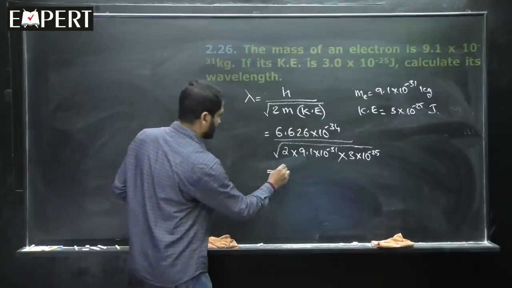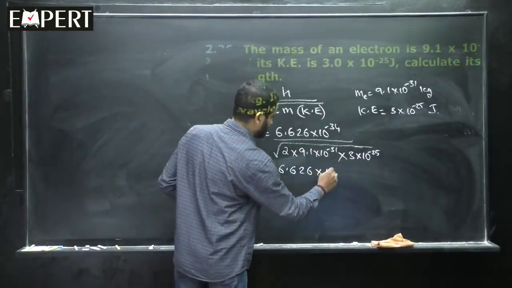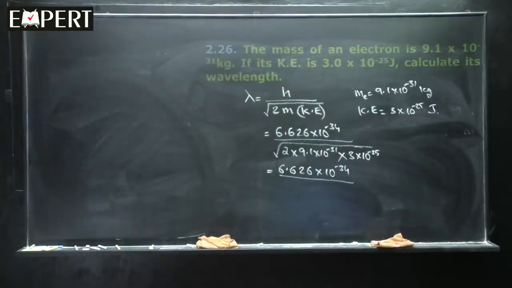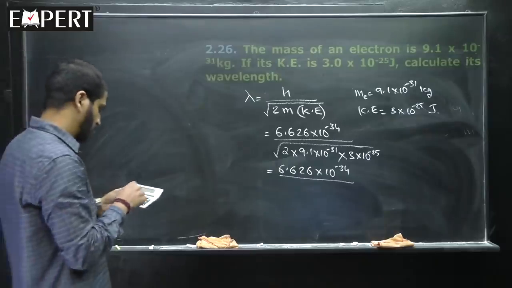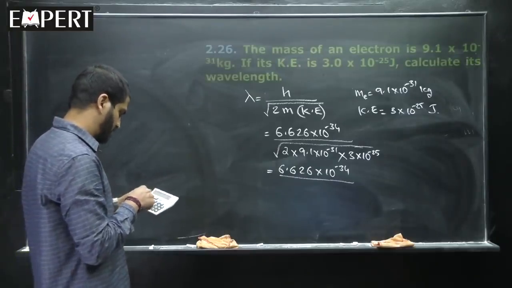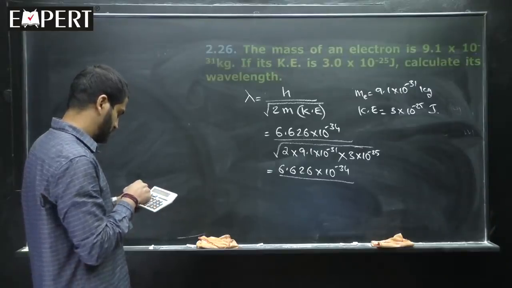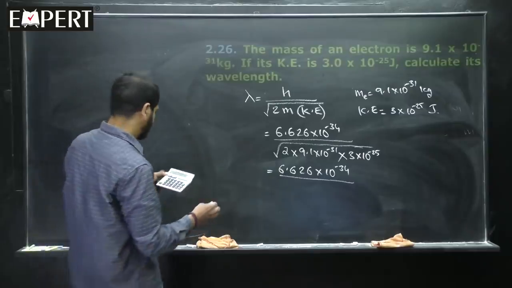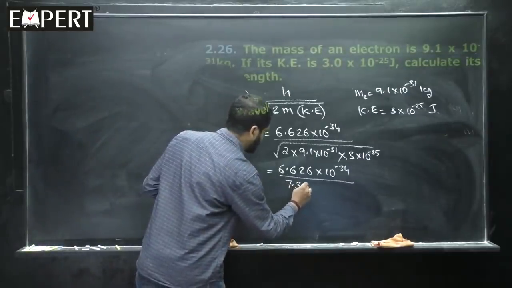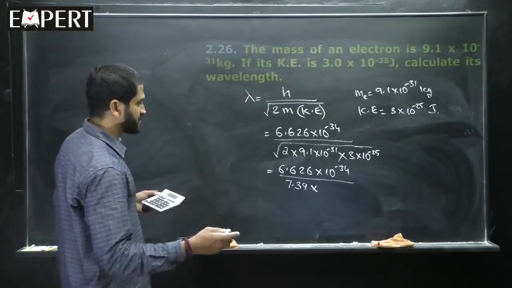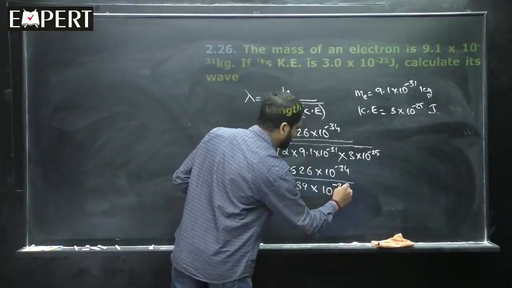Even if you do not write it on the board like this, no problem. We will see what we get. Two into 9.1 into 3 is equal to, correct, 7.39 into 10 to the power minus 56 under the root, which gives minus 28, correct.